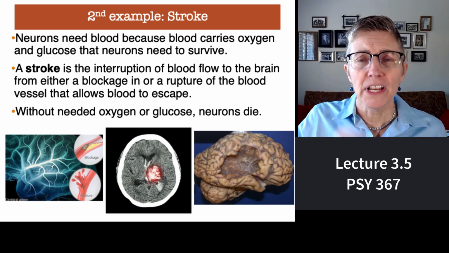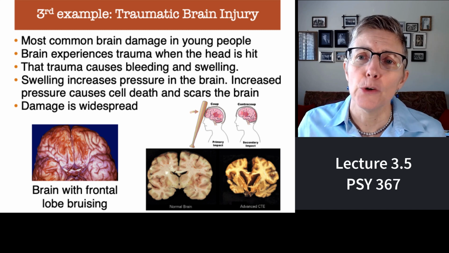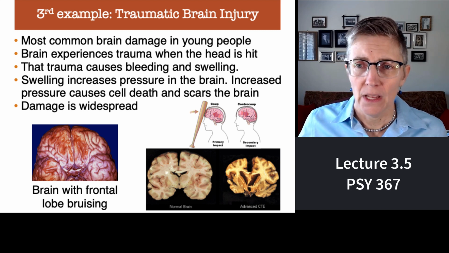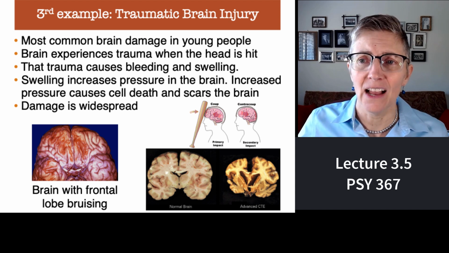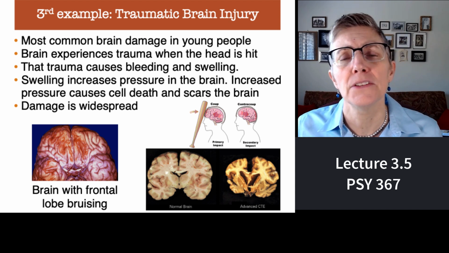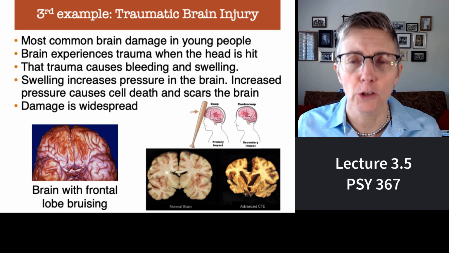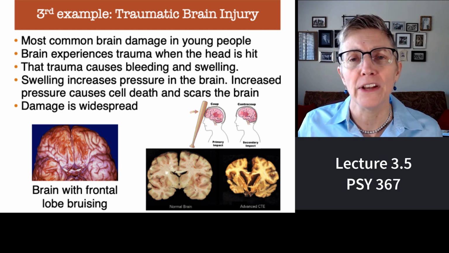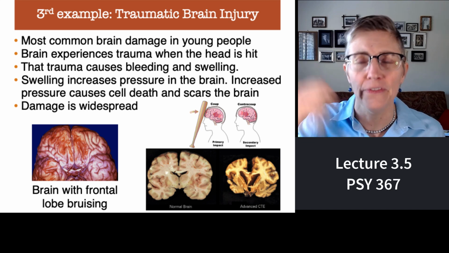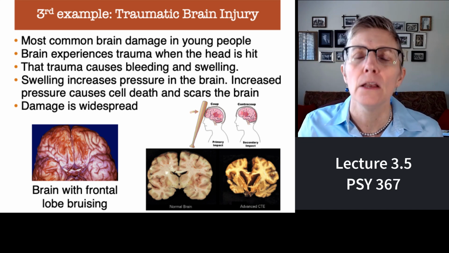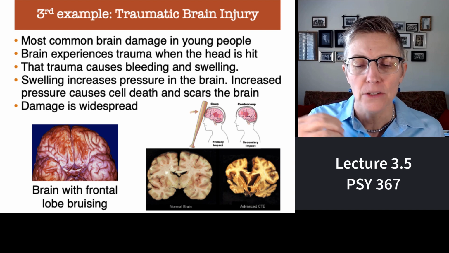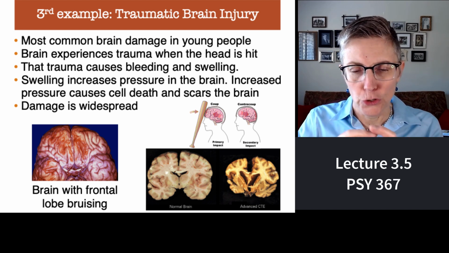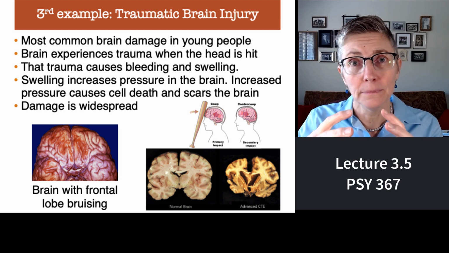The third type of brain disease I want to talk to you about is traumatic brain injury. It is the most common kind of brain disease that occurs in young people, and it's said to occur when you have been hit in the head very hard or repeatedly, and that being hit in the head causes your brain to swell.